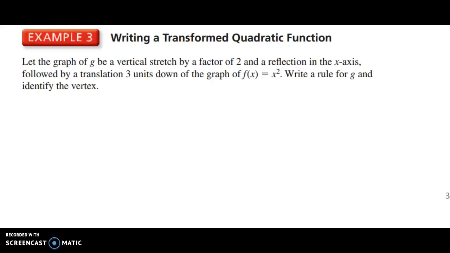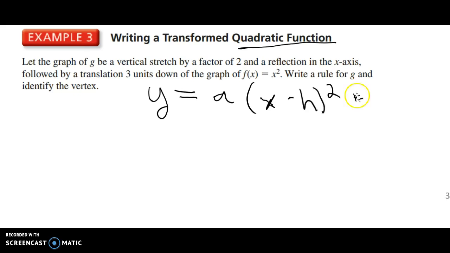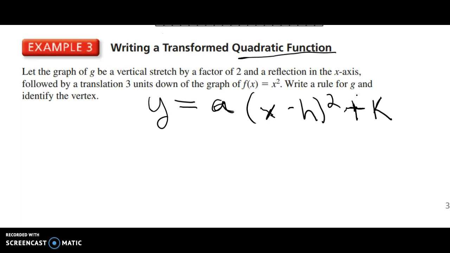Let's continue to example 3. In example 3 and example 4, we're going to be writing the equation of a quadratic function. Now, our original function will have a number multiplied possibly to the outside. You could have a number added or subtracted inside, and you could have a number added or subtracted on the end. So we want to take our original function, x squared, and we want to stretch it by 2 and reflect in the x, then 3 units down.